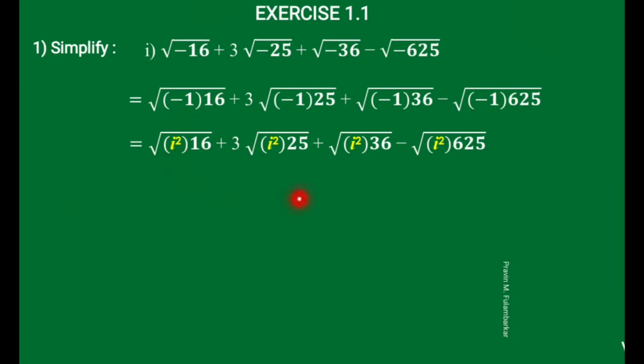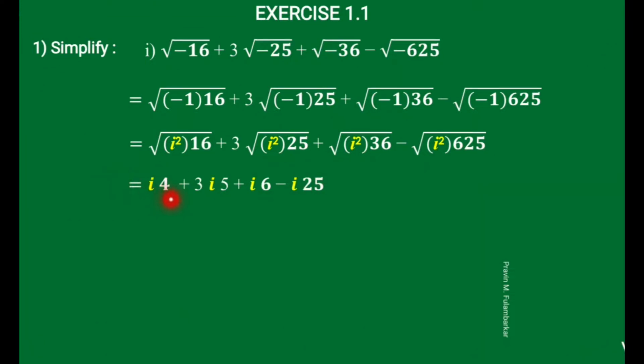So square root of i square we write i, square root of 16 we write 4, square root of 25 we write 5, square root of 36 we write 6, square root of 625 we write 25.